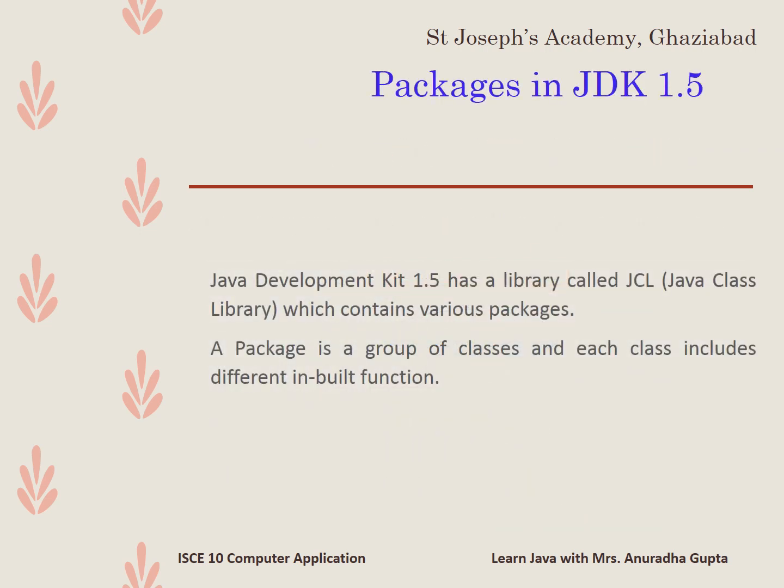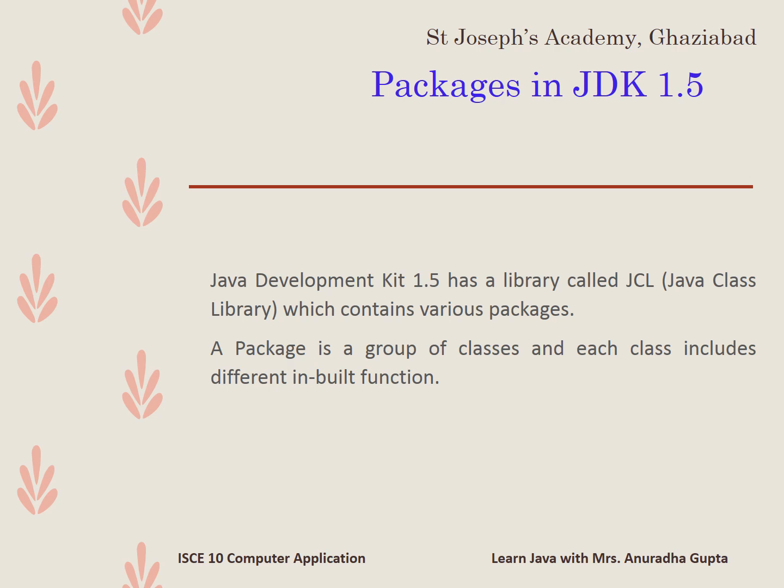Next, we learn about the packages in JDK 1.5. JDK is the Java Development Kit. 1.5 is a version of JDK which has a library called JCL, Java Class Libraries, which contains various packages.